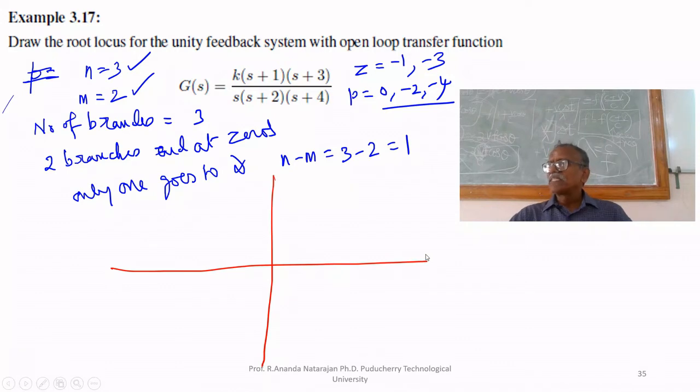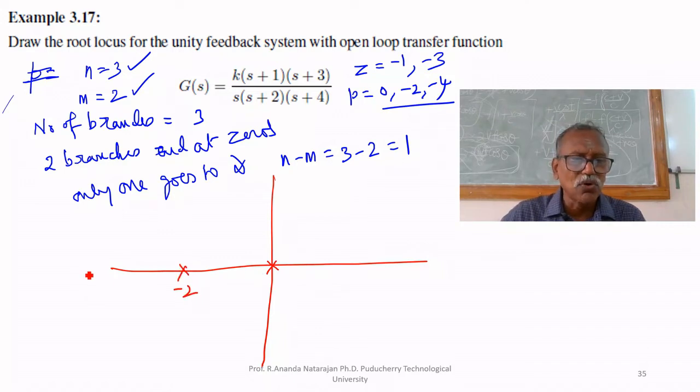What does the first rule say? Number of root locus branches equal to number of poles. Root locus branches are symmetrical about the real axis. This is the first condition. What is the second condition? Root locus branches start at open loop poles.